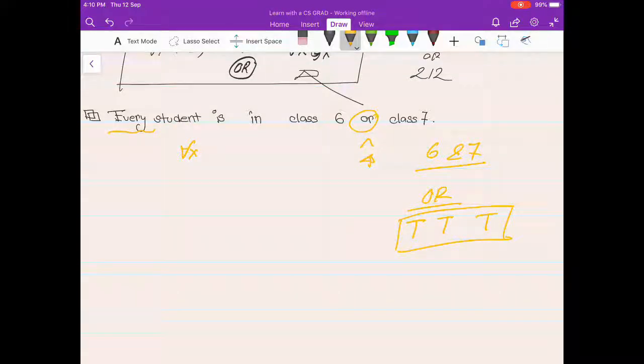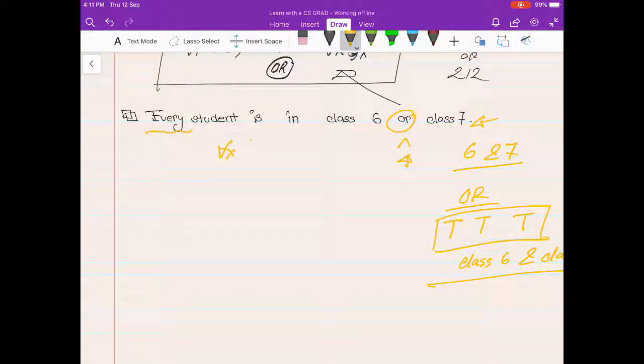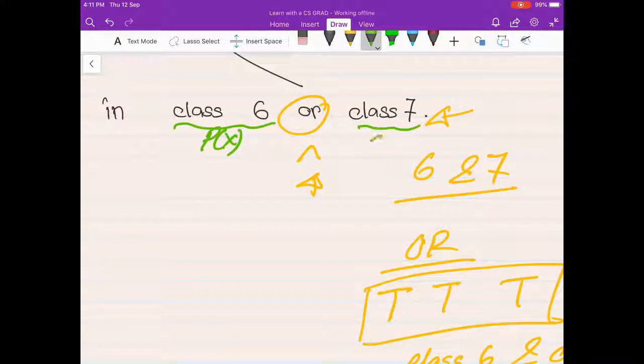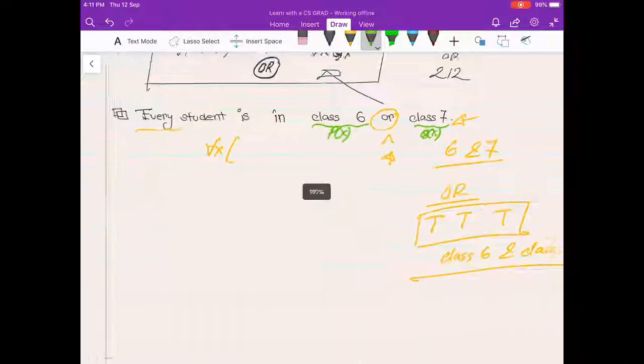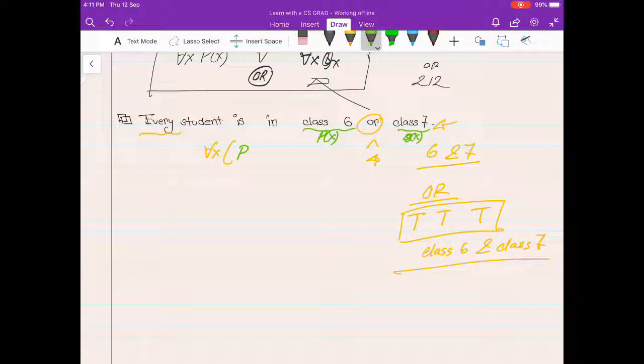However, in the next example that we are talking about now, you cannot do both class 6 and class 7 at the same time. So you have to be in any one of them. Thus, we are using an XOR. So let's say class 6 is P of x and class 7 is Q of x. So P of x XOR, represented by this sign, Q of x.